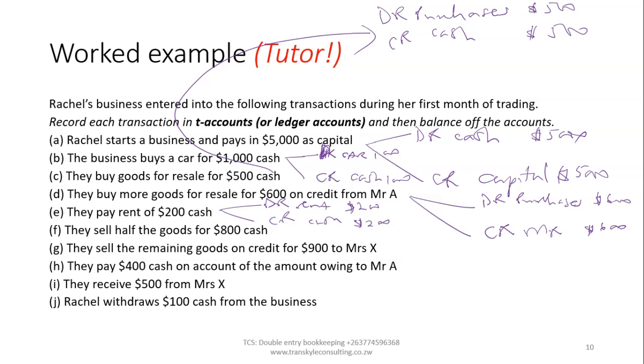They sell half of the goods for $800 cash. So we are receiving: debit cash $800, and credit sales. Remember, sales are revenue, on the PL's acronym, revenue, 800.